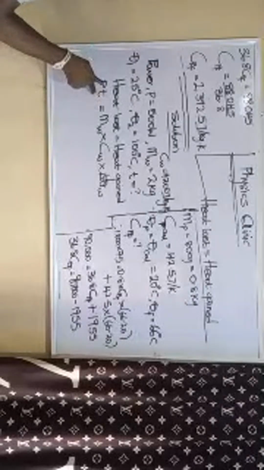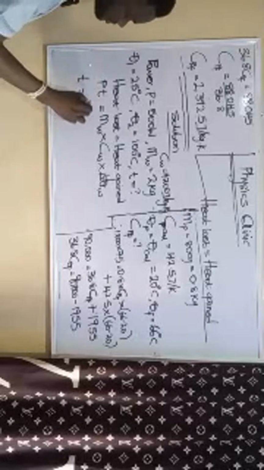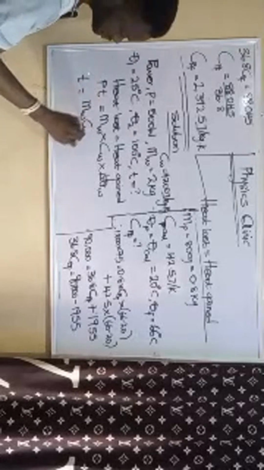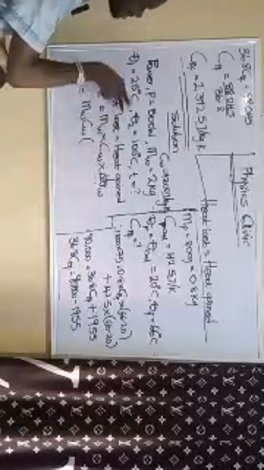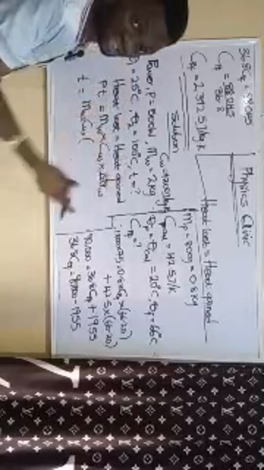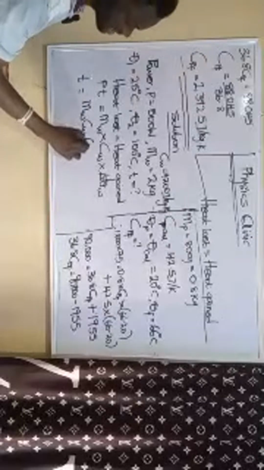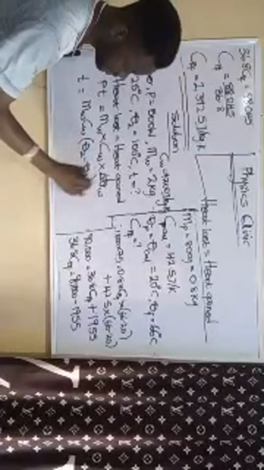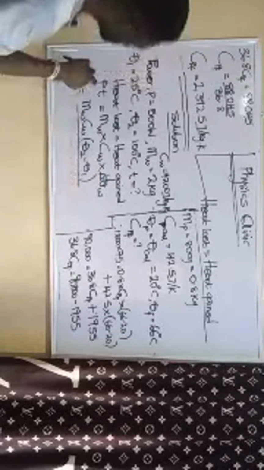So if I make time my subject formula, time will be equal to mw cw into the brackets, theta 2 minus theta 1, because it is the water that gained, over the power.